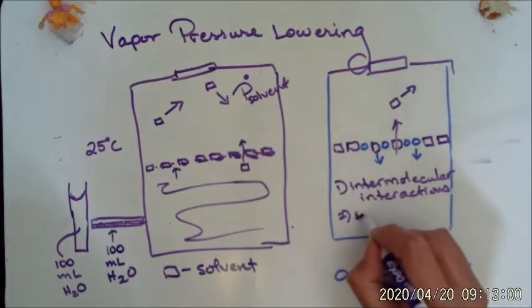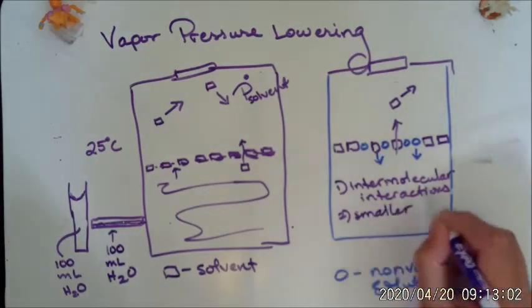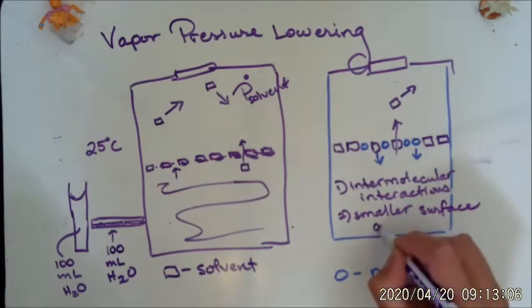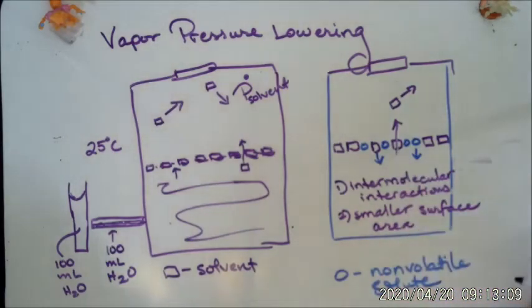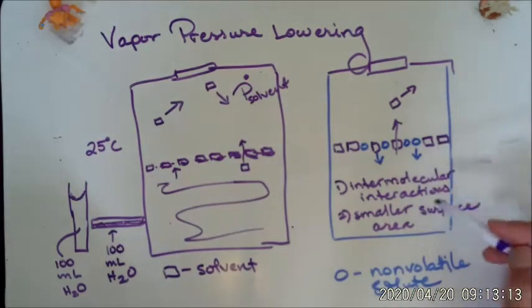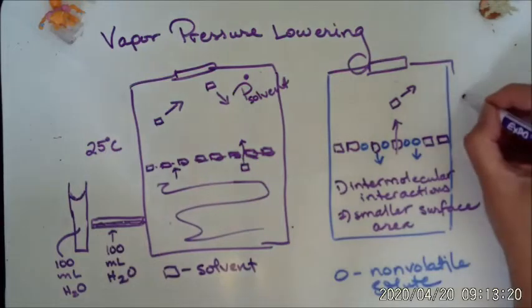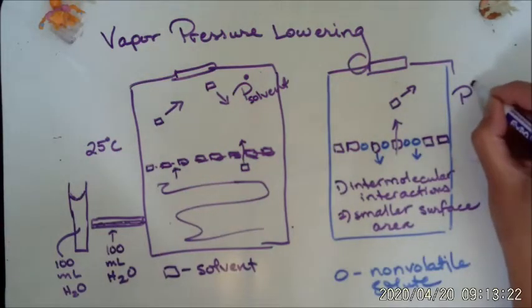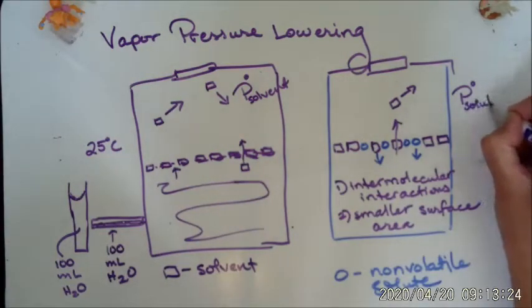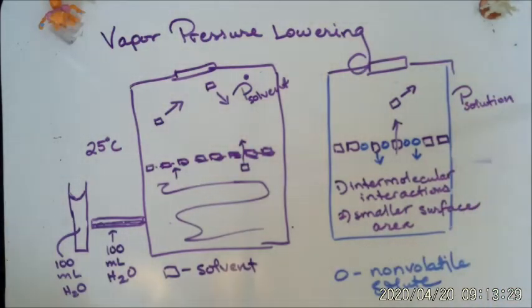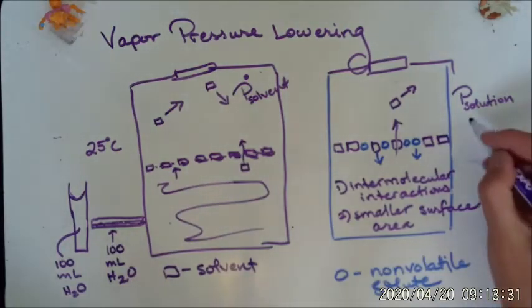So I have a smaller surface area, so I have less likelihood of my solvent molecules even being able to make it to the surface to get out into the gas state. So because I have two forces that are keeping my solvent in solution, my vapor pressure of solution is lower.